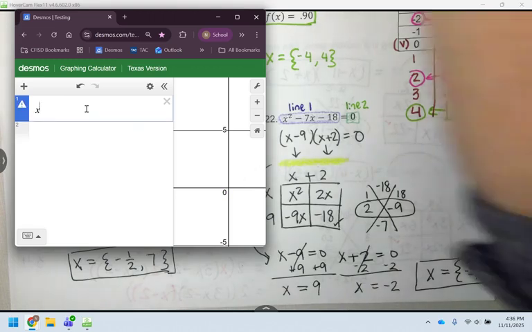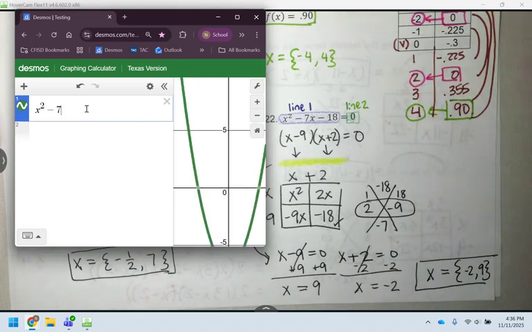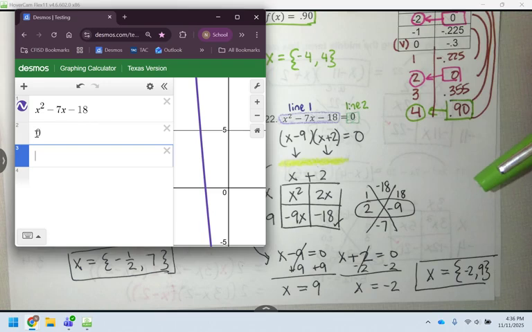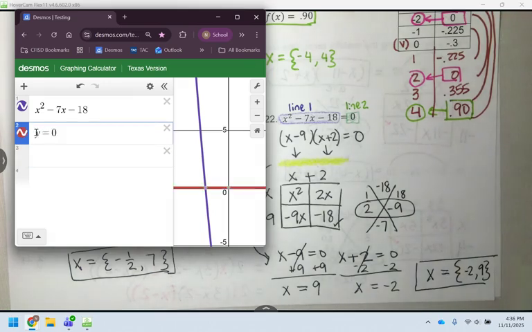Here's line 1. And I'll make it purple so it matches my color codes. And then line 2 is supposed to be 0. Now it's not going to graph anything unless I put a y equals in front of it.